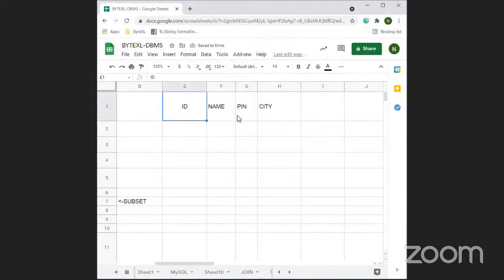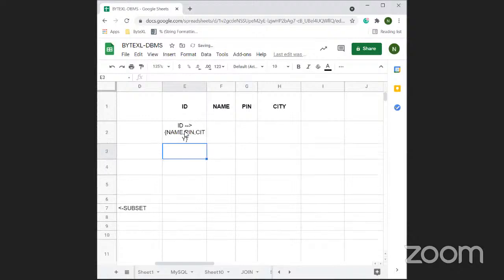Yeah, I think this is sufficient for now. If we have these four values, of course, one dependency, one relation I can find in this table is that ID will give us the name, of course, the PIN, and the city of the person. This is one dependency that we have. All three of them are dependent on ID. This is called functional dependency.